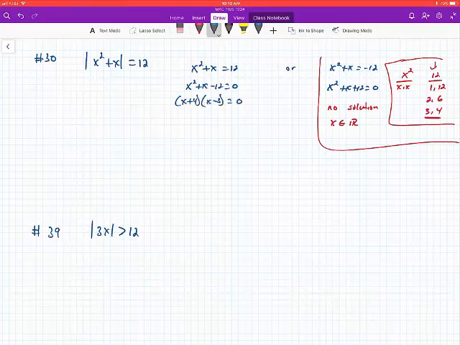If I were to FOIL this, x times x is x squared. X times negative 3 is negative 3x. 4 times x is 4x. And 4 times negative 3 is negative 12. You can clearly see that I end up with a positive x. So factoring x squared plus x minus 12 yields x plus 4 times x minus 3. I'm going to set each one of these equal to 0.